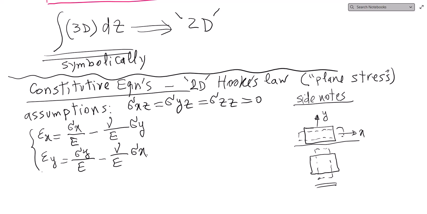Okay, and these are two-dimensional. You can also say that 2Exy, I use gamma here, gamma xy on the side.